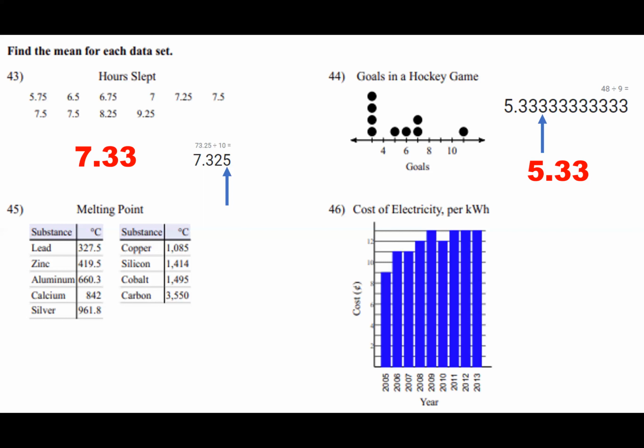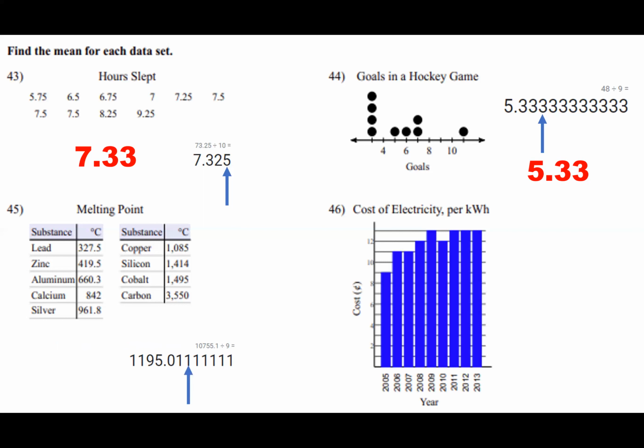All right, let's take a look at number 45. Let me just add my numbers. Using a calculator, I get 10,755.1, right? I added everything, and I'm going to divide this by how many numbers I added. There's 9 numbers, so let me divide this by 9. I do take a look at the third decimal number.